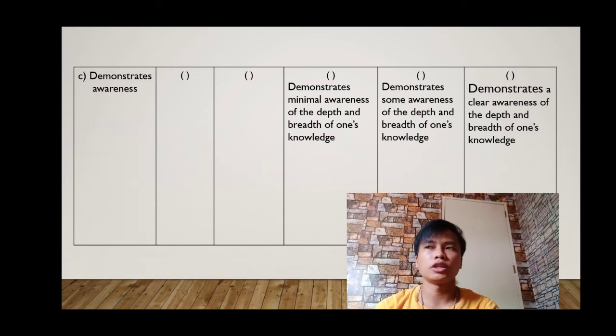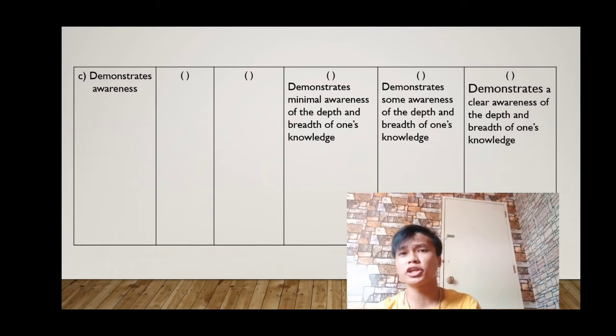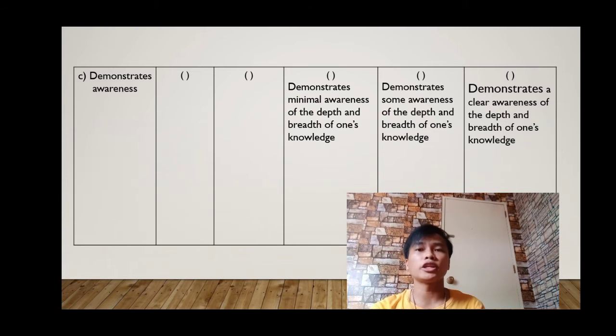Let's say, in psychology, the teacher said something or gave a statement and the student explains it to their peers, so they can demonstrate that they understand some of the awareness which the teacher gave to them and explain it to their peer.